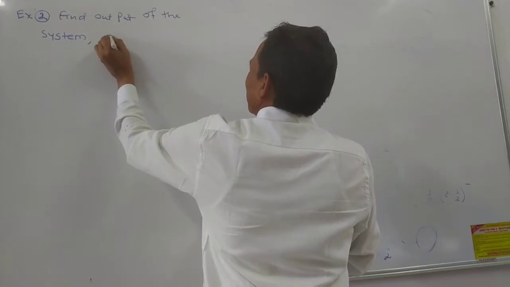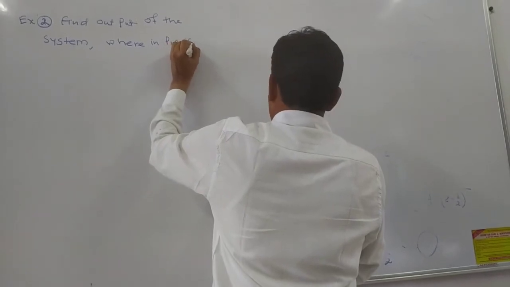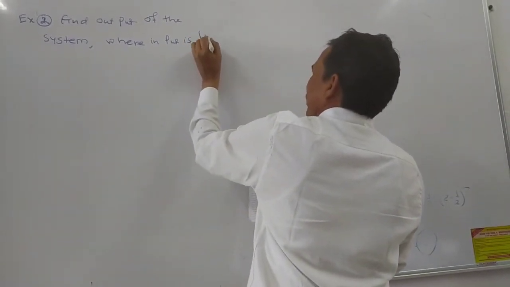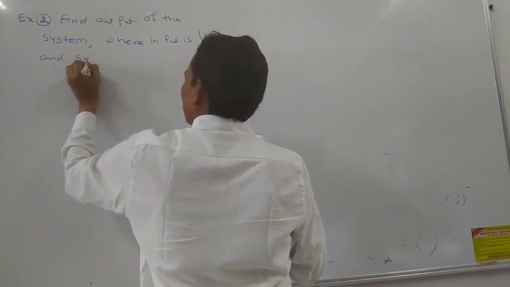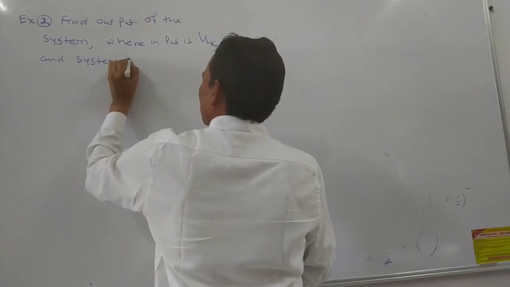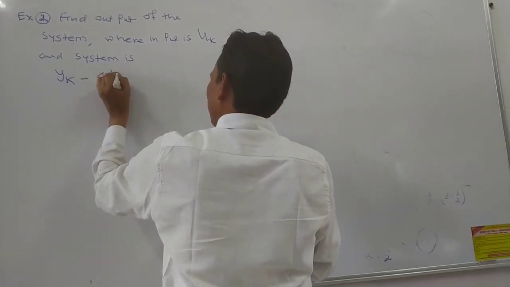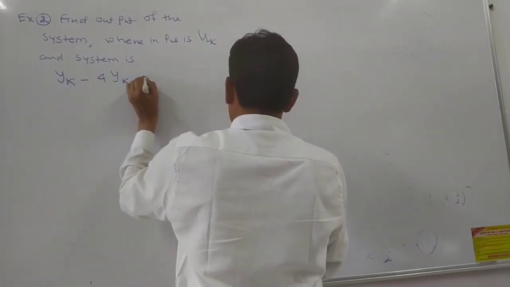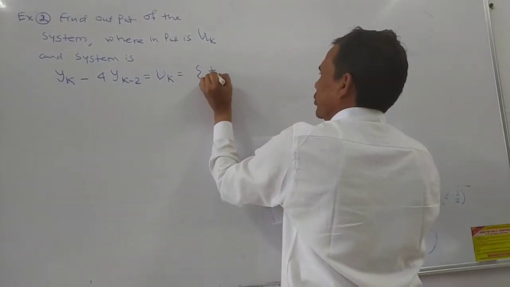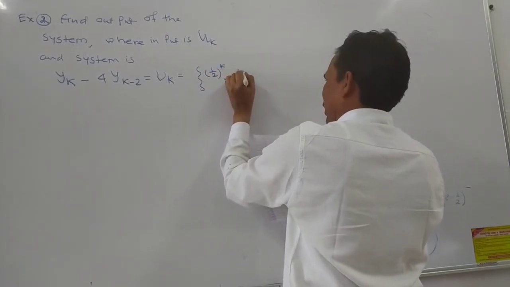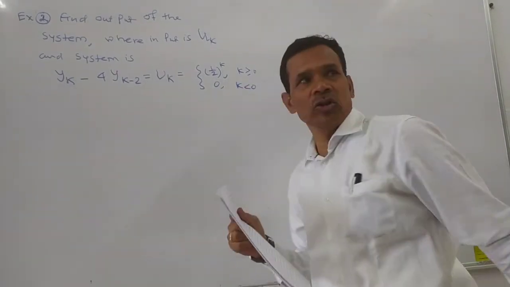where the input is u k, and the system is y k minus 4 times y k minus 2 equals u k, where u k is 1 by 2 raised to k for k greater than or equal to 0, and 0 for k less than 0.